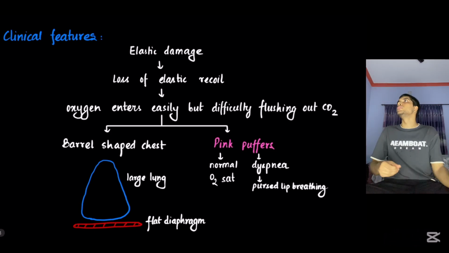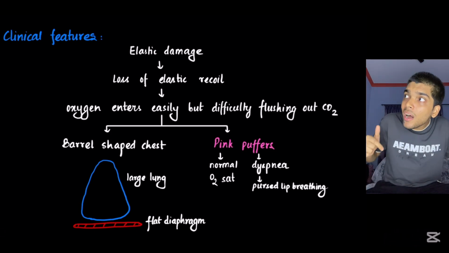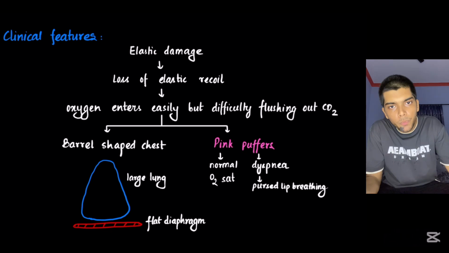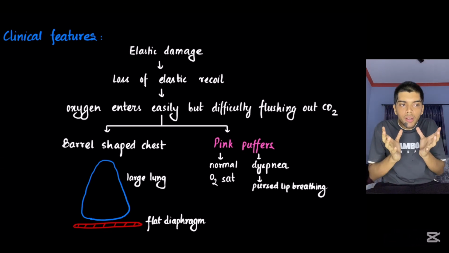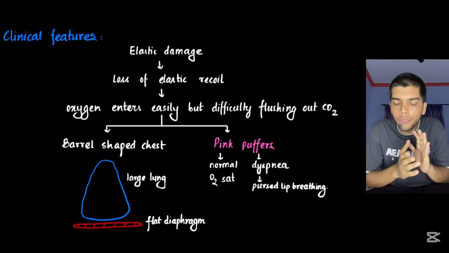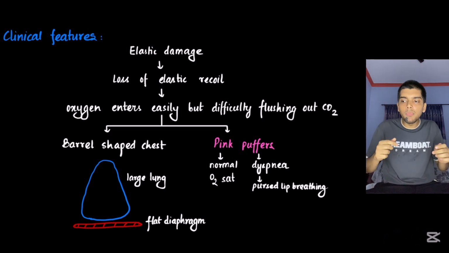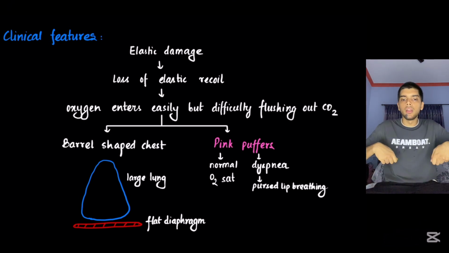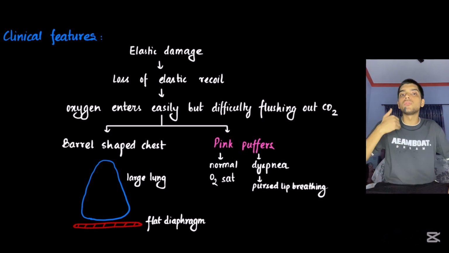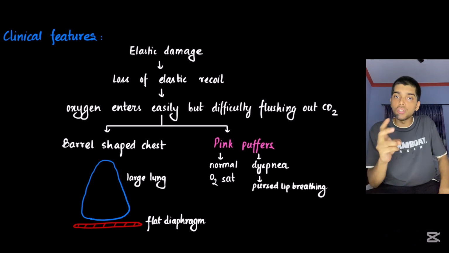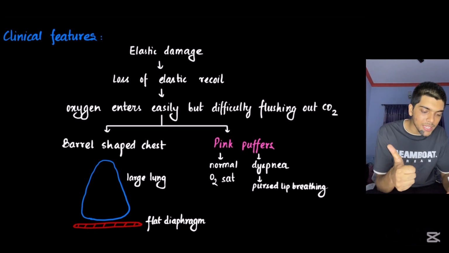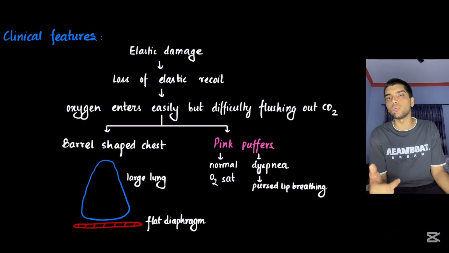Clinical feature. See, there was destruction of elastic tissue. As a result, the alveoli lost their ability to recoil. So the patient is able to take in oxygen but unable to flush out carbon dioxide. So what happens? 2 things happen. Number 1, the patient gets a barrel-shaped chest. Why?